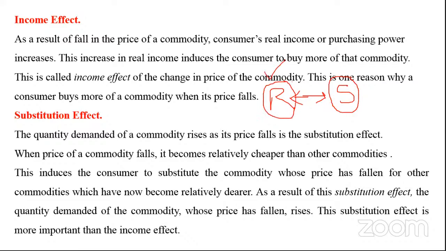First I prefer ragi, then I prefer sorghum. In that case sorghum is considered a given good. Why? Because we cannot substitute further. My last preference is sorghum. The first consumption goes to ragi, the second consumption is sorghum. So sorghum is taken as the given good.